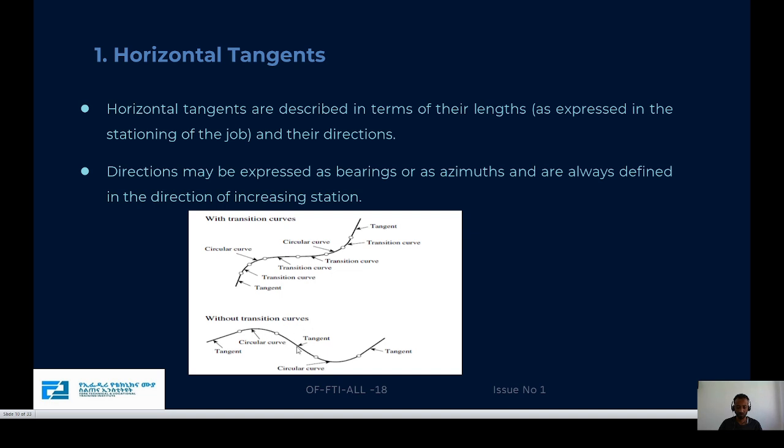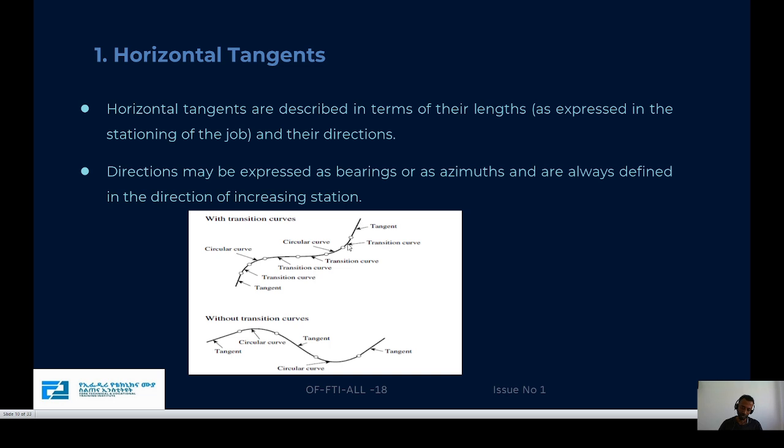So the purpose of a transition curve is more for safety and to help drivers adapt to the curves. Going directly from tangent to the curve is difficult for the driver. So we provide the transition curve.